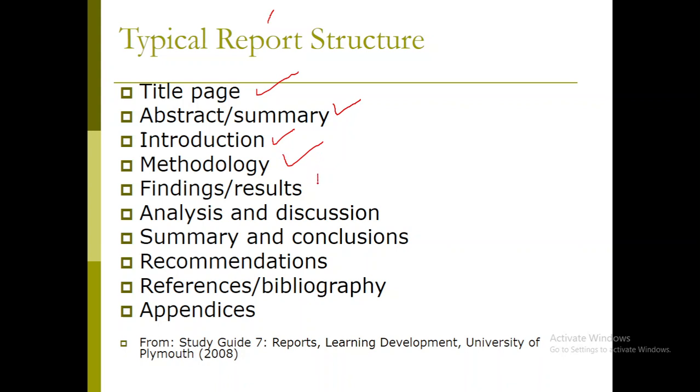Then you need to give the findings and the results, then you need to do the analysis of the findings and the results, and you need to generate discussion, and then based on that discussion you need to give the summary and the conclusions, and then based on that summary and conclusions you need to do the recommendations, and then by the end of that you need to mention the references or the bibliography.